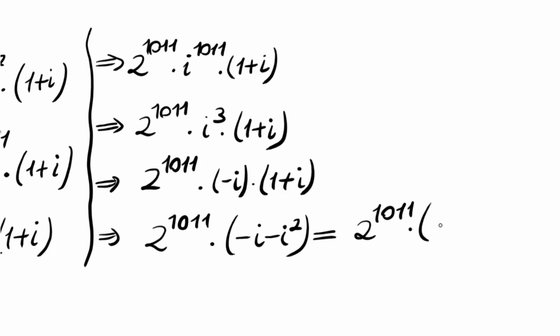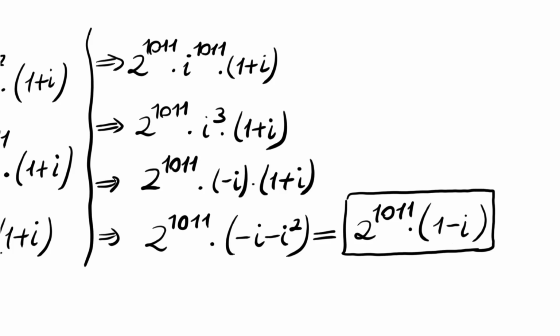So we have 1 minus i, and this is the result. This is a standard form, since we have 2 to the power of 1011 minus i times 2 to the power of 1011. Now let me just shortly show this.